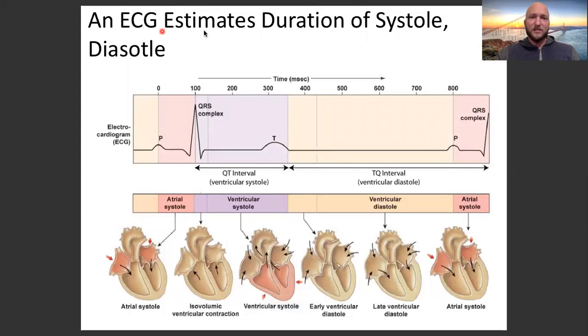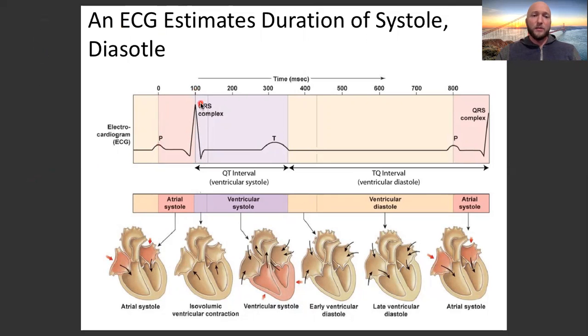So an ECG can estimate the duration of systole and diastole. So remember, the P wave corresponds with atrial depolarization, which is atrial contraction. Atrial repolarization corresponds with the QRS complex, so that's relaxation for the atria.